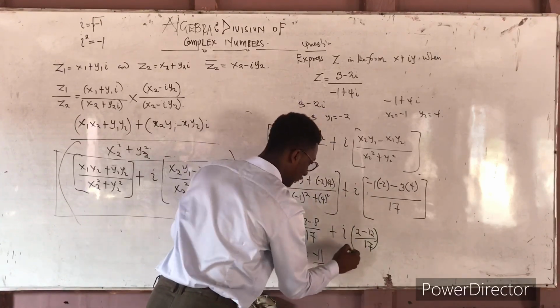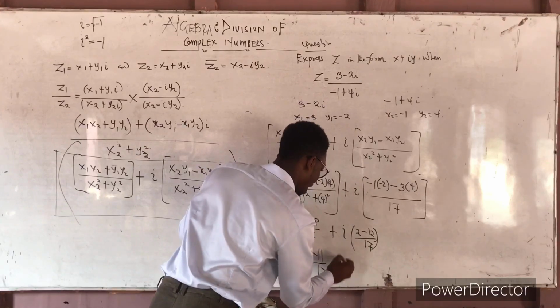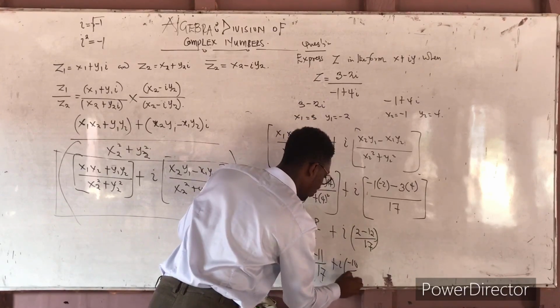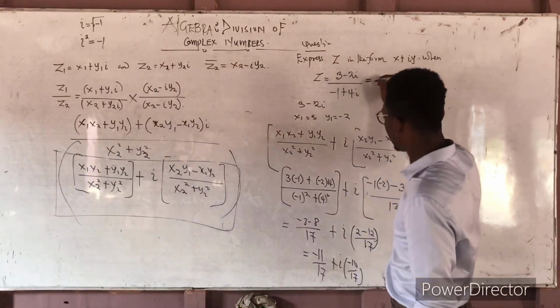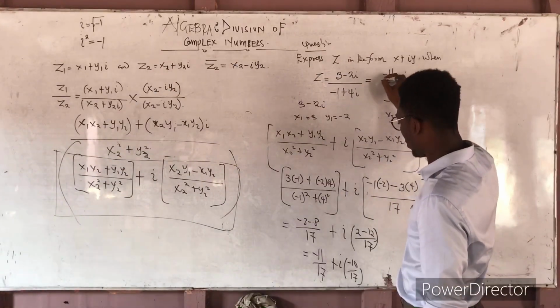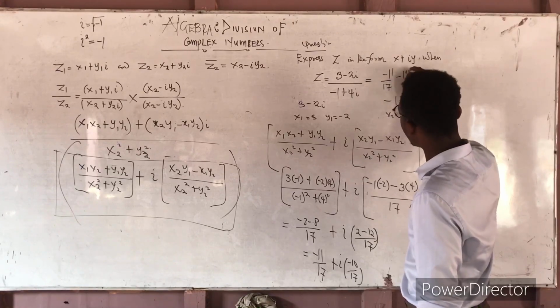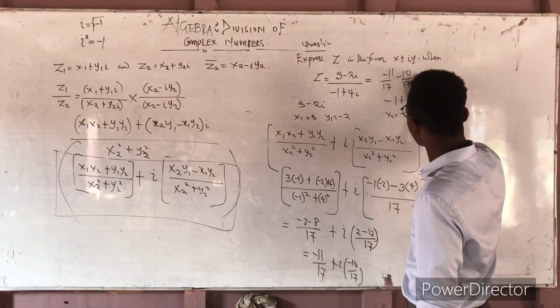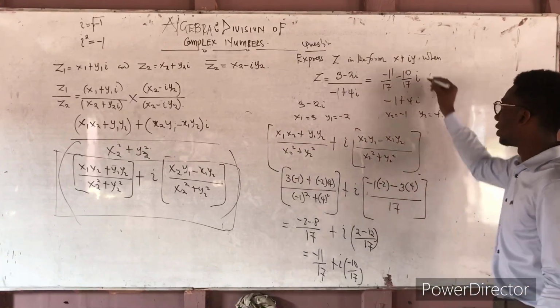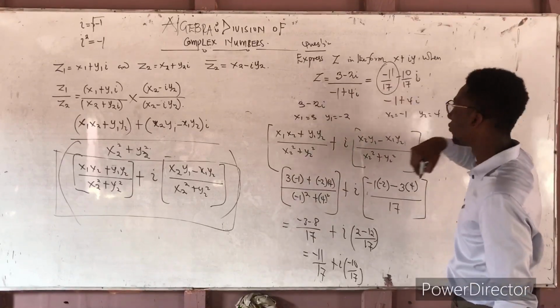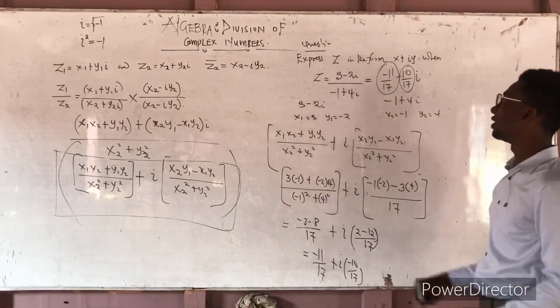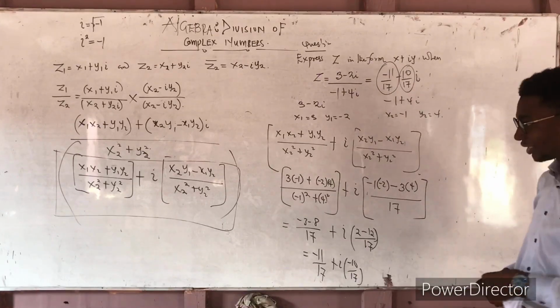So you are getting here as what? i into brackets minus 10 on 17. So therefore the final answer, when you find this, will give you minus 11 on 17 minus 10 on 17 i. Okay, so the real part is minus 11 on 17 and the imaginary part is minus 10 on 17 i.